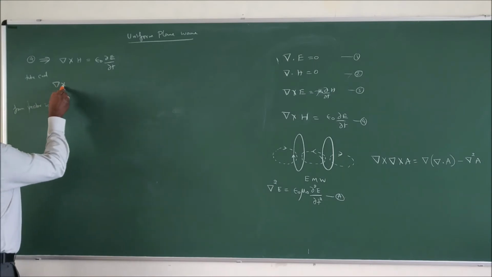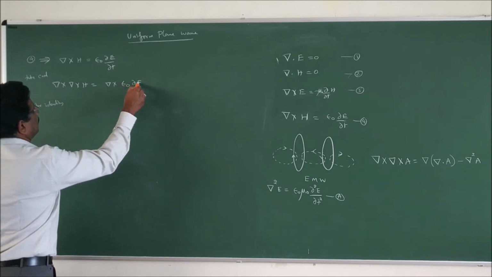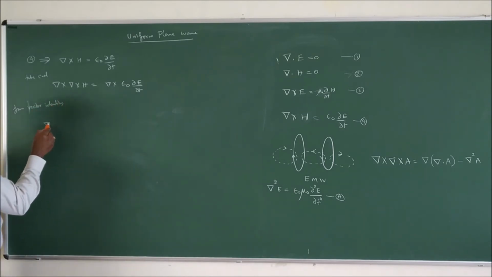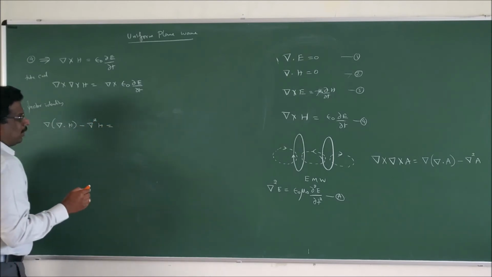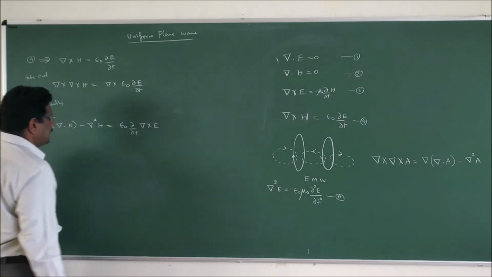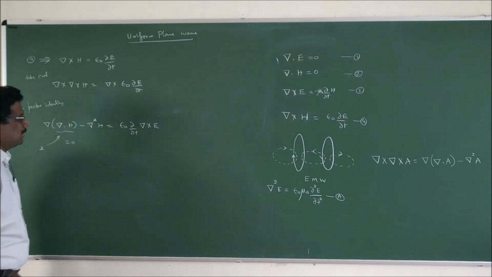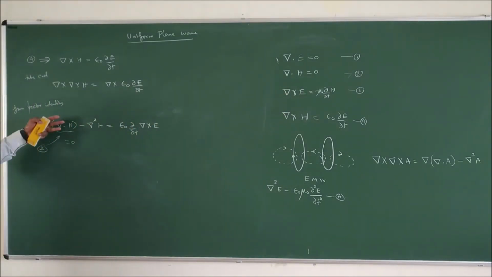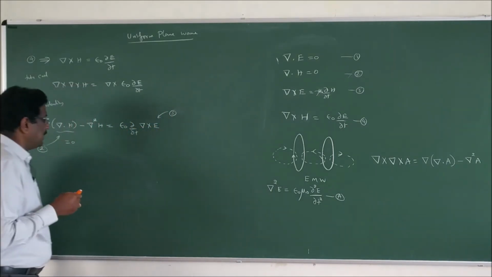The result will be del cross del cross H equal to del cross of epsilon naught dou E by dou T. From the vector identity, already we discussed, this can be rewritten as del of del dot H minus del square H equal to epsilon naught dou by dou T common, del cross E. And from equation number 2, del dot H equal to 0, so this whole term will be 0. Instead of del cross E, I can substitute equation number 3.